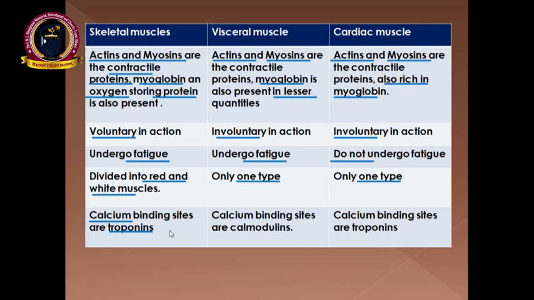So calcium ions bind to the troponin in case of the skeletal muscles. In case of the visceral muscles, they are the calmodulins. Calmodulins are the calcium binding substances attached to the contractile proteins inside the visceral muscles, whereas the cardiac muscles again have the troponins as the calcium binding sites.